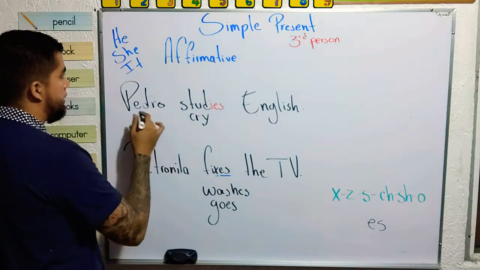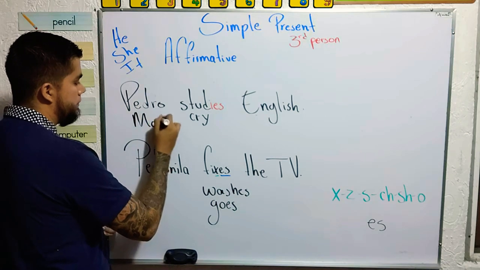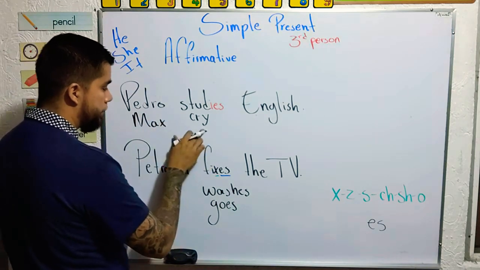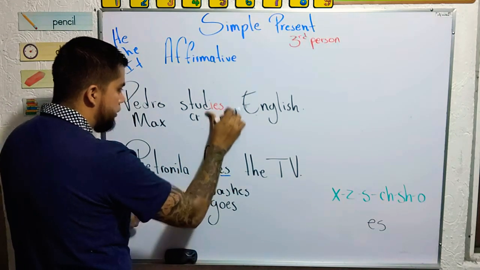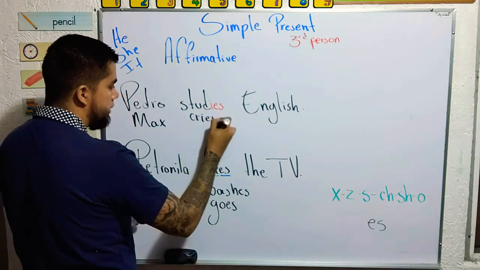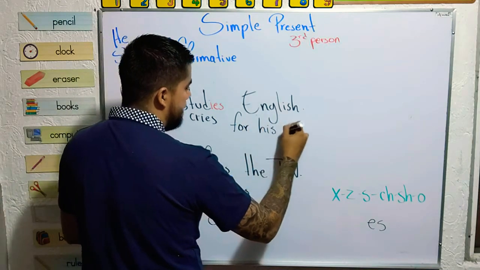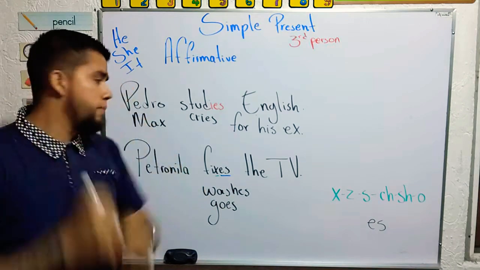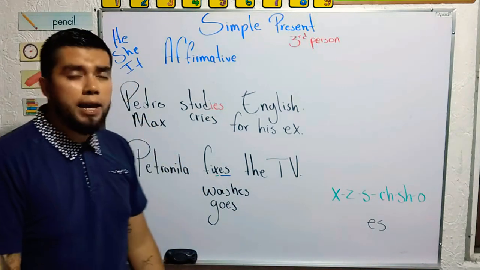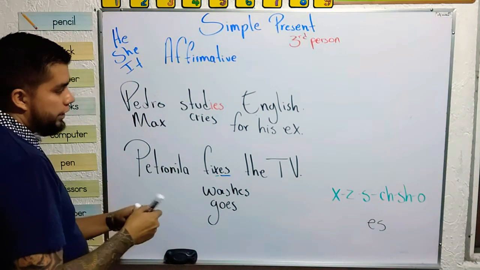Or more verbs with this termination. Cry, for example. Max. Max is third person. Max cries for his ex. Yeah, you know the verb cry? Max cries for his ex. Poor Max. Okay, and we can continue.